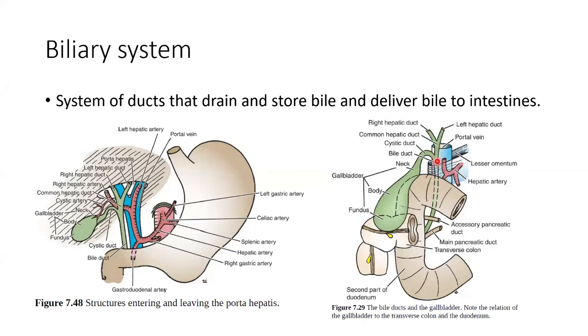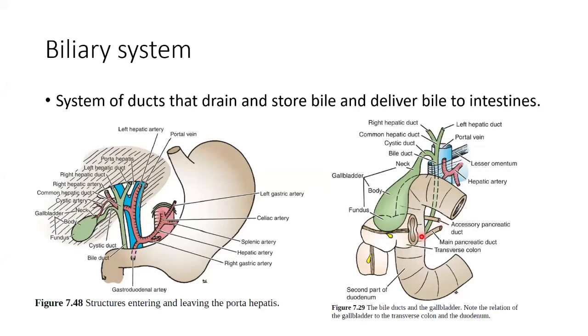This part travels in the lesser omentum, and then you have the second part traveling behind the first part of the duodenum, and then the third part behind the head of the pancreas or embedded within the head of the pancreas. And it opens into the middle area of the second part of the duodenum at the ampulla of Vater.